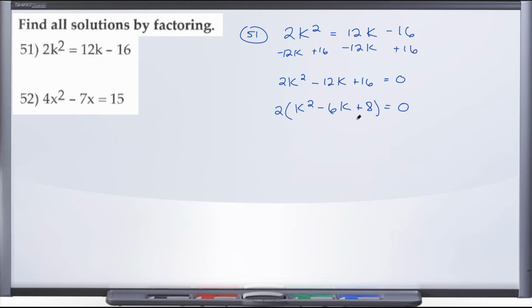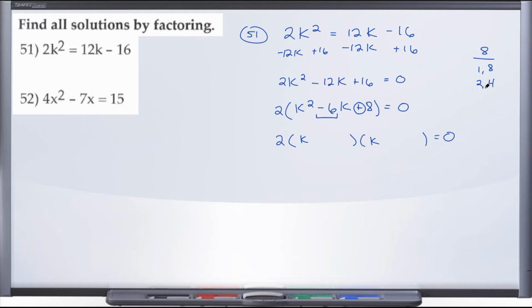Now this looks like a nice trinomial that we can factor. And we know it's going to turn into two binomials. We're dealing with k, so let's split that k up. Now we want to find factors of 8 that add to give us negative 6. Factors of 8, let's see, 1 and 8, 2 and 4.